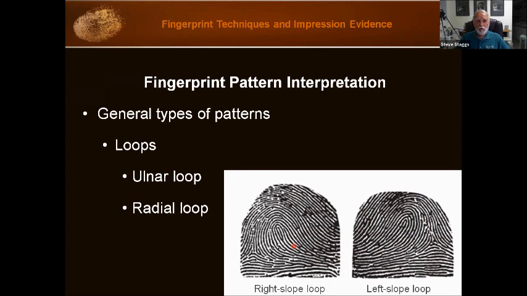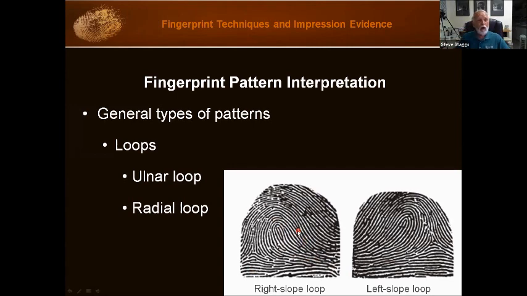For classification purposes only, if the one on the left here, the right slope loop, appeared on any finger in the right hand, it's going to be an ulnar loop. That's because it's flowing towards the ulnar side of the hand. That's the side of the hand that's closest, where the ulnar bone is on your arm.